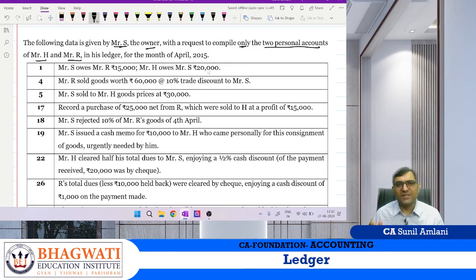Cash, bank, purchase, sale, discount, rebate, bad debts, anything. But they are telling that you focus on only two accounts. So we don't have to give the second effect which is attached with H and R account. So we have to focus only and only the transaction impacting H and R account, and only single effect we have to give. Second effect, they are not asking us to prepare the ledger. For the month of April 15. Okay. So we have to prepare two ledgers, right? S and H.